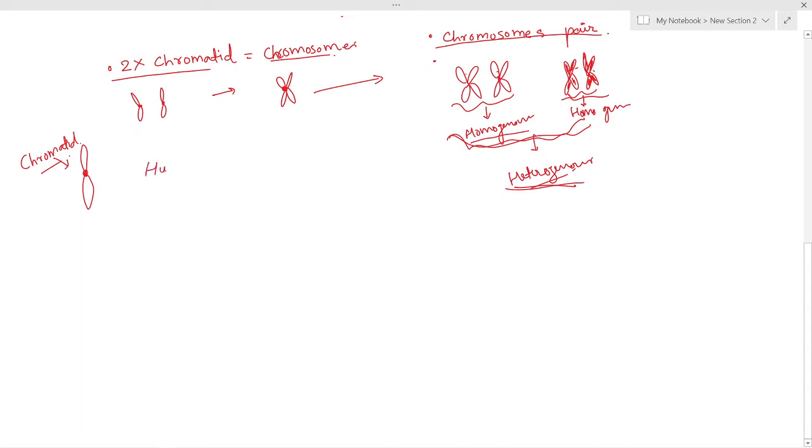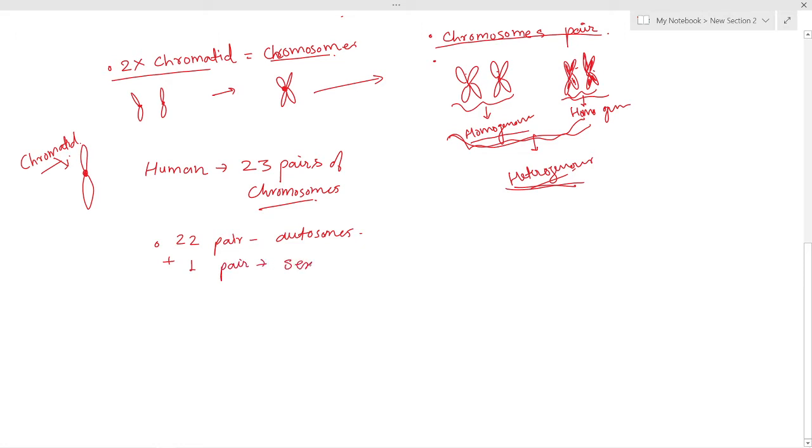As far as human as a species is concerned, there are 23 pairs of chromosomes. The 23 pairs are divided into 22 pairs of autosomes, which control the characters of both the genders, and the 23rd pair is of sex chromosomes.